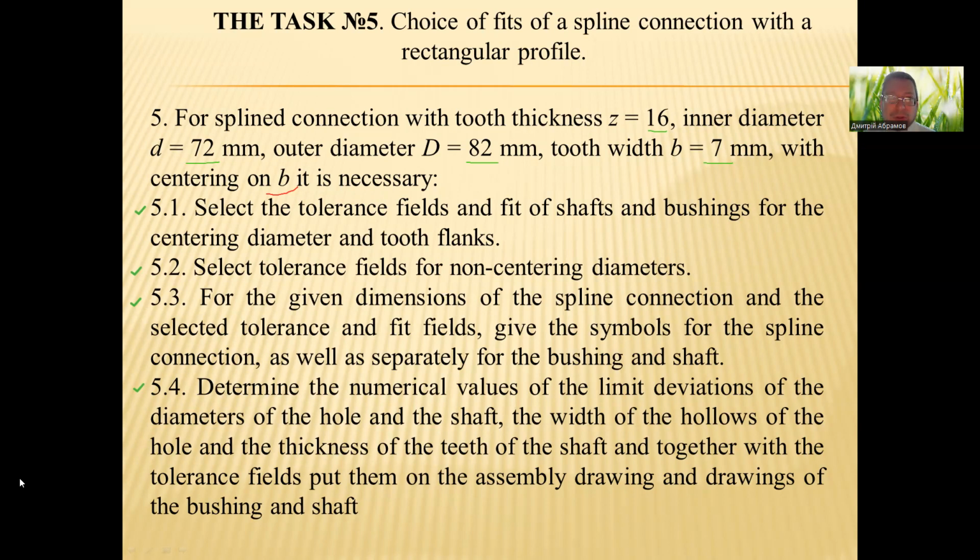Please write down in your notes this task and this example of the task. You will have your own task using your variant, but now you should write down this variant of the task.